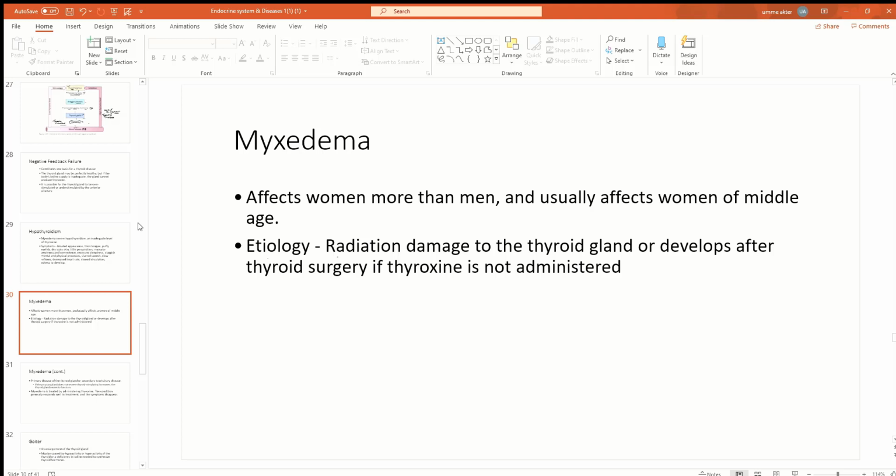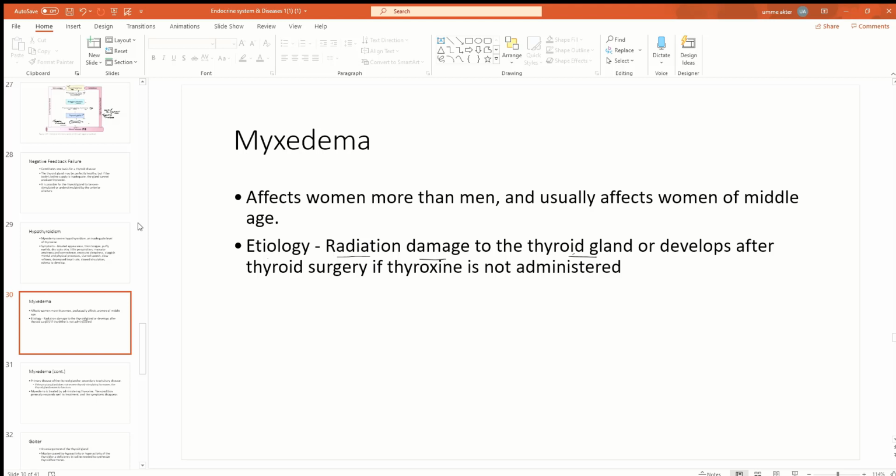One cause is radiation damage to the thyroid gland. So if the thyroid gland is damaged, the cells are damaged or destroyed, then the function of the thyroid gland will be less, right? Another could be thyroidectomy, removal of the thyroid gland.